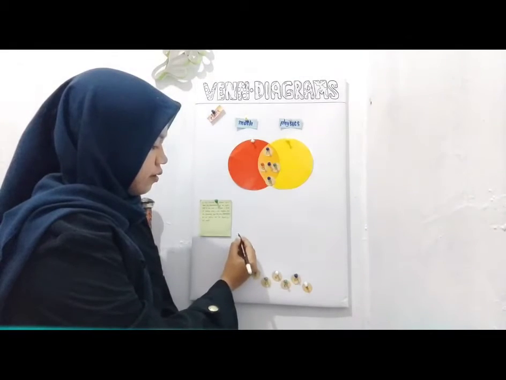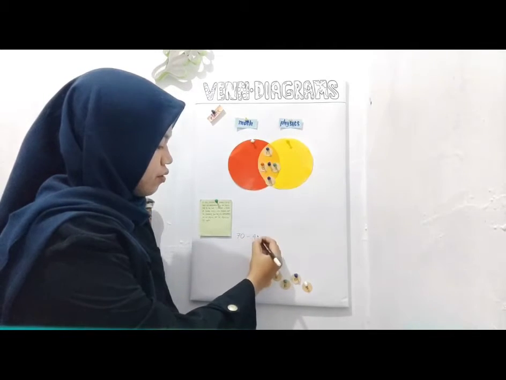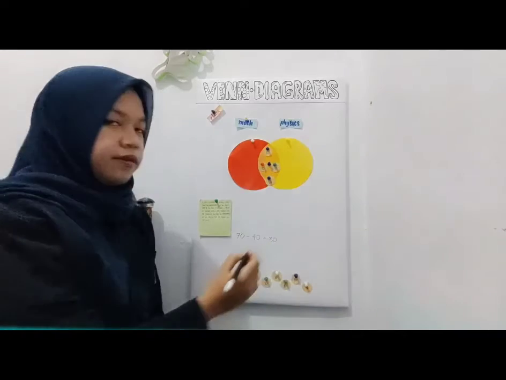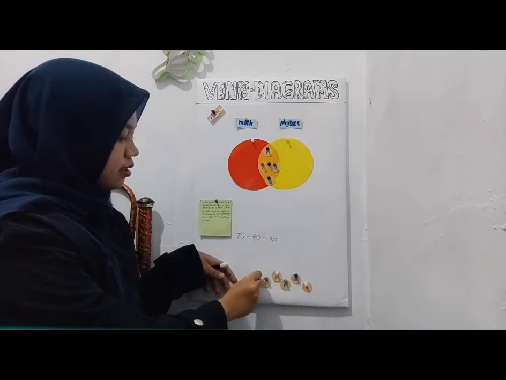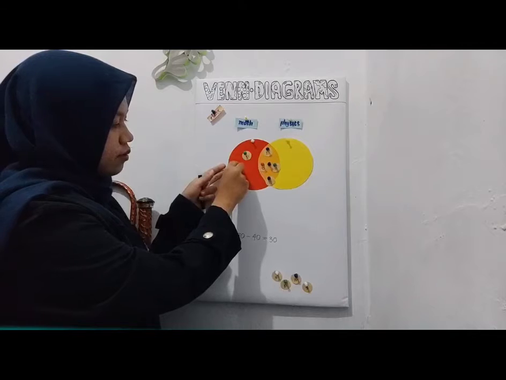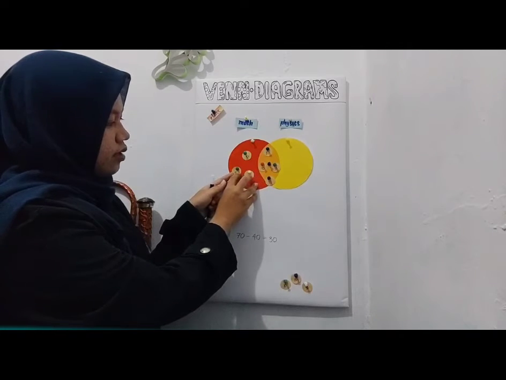This tells us that the number of students who like mathematics only is 70 minus 40 equals 30, and we change the math to 30.